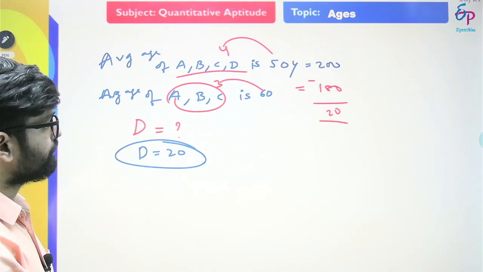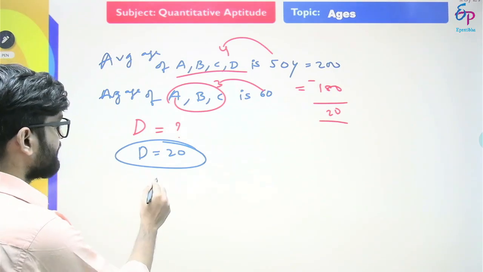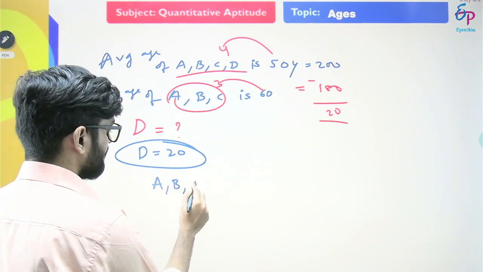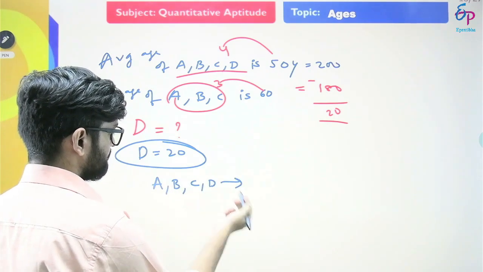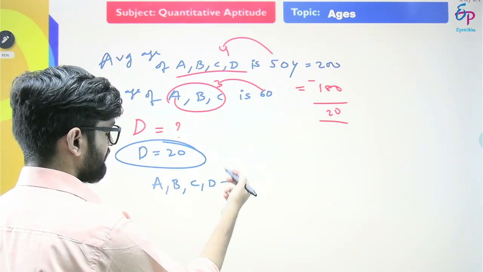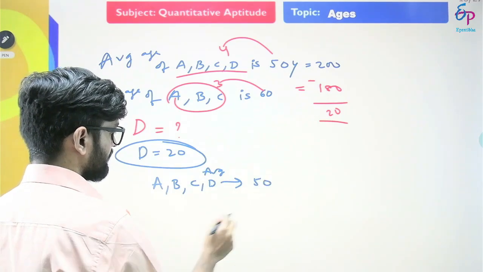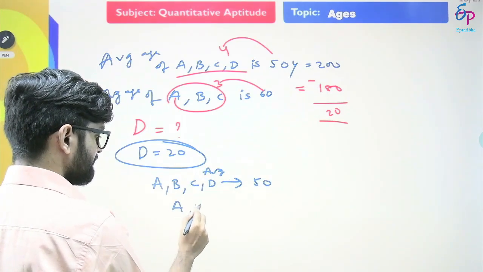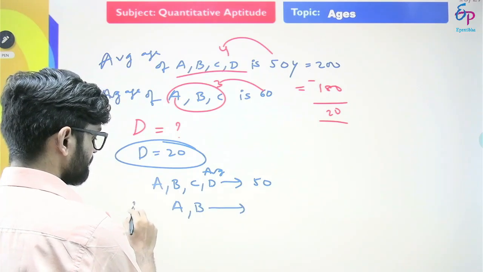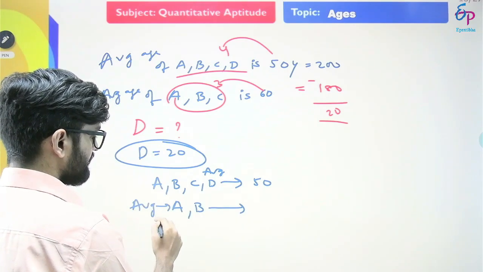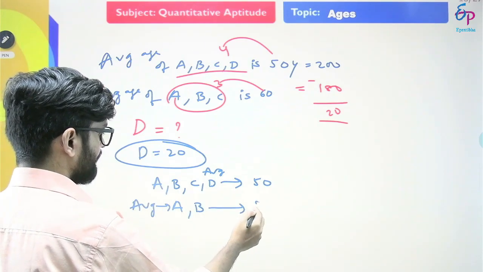So that is 2. Suppose I give you A, B, C, D in a ratio, and the average value is 50. The average of A's age and B's age is, let's say, 20.